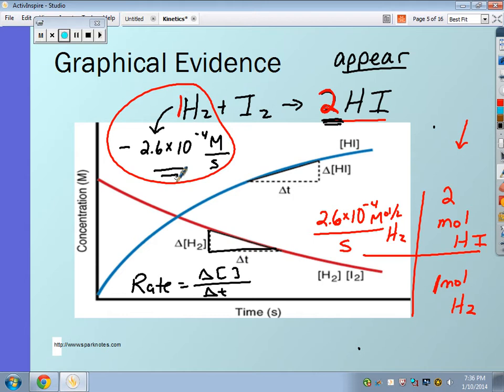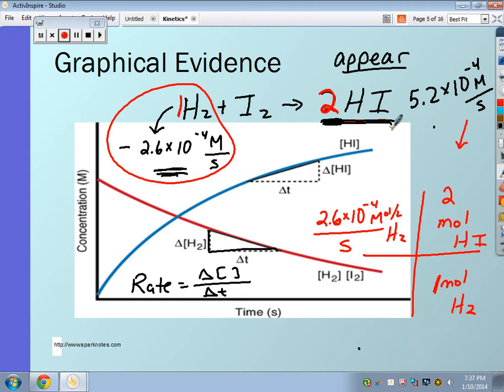And that means that this is being produced at a rate of 5.2 times 10 to the negative 4th molarity every second. In other words, if this is disappearing at a rate of 2.6 times 10 to the negative 4th molarity per second, then hydrogen iodide is appearing twice as fast.